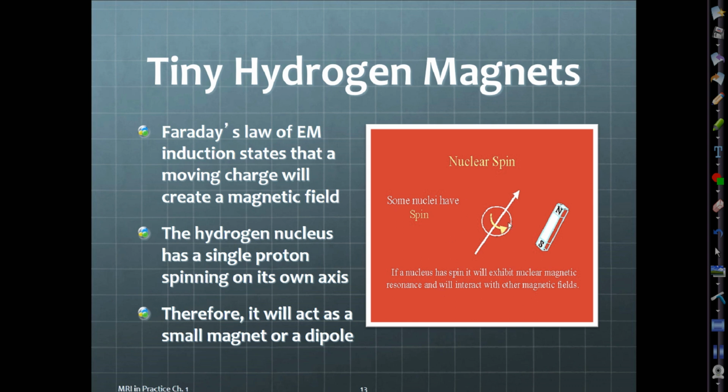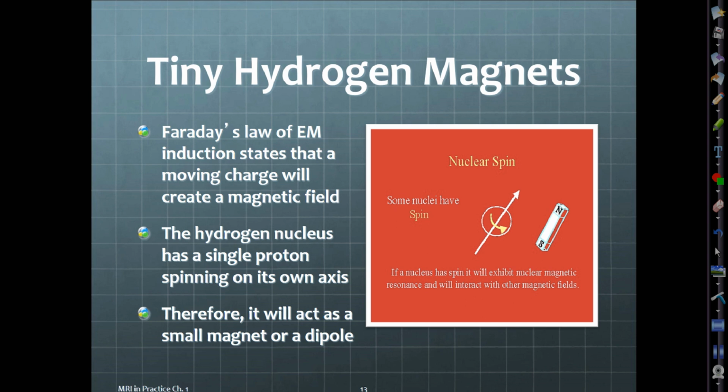So we're creating these little tiny bar magnets or small magnetic moments, which also can be described as a magnetic dipole. You'll see a lot of these things used interchangeably: magnetic moment, magnetic dipole, vector, quantity. A lot of times these are just interchangeable things. So try not to get confused by the terminology that they use in the book, because you really can use these interchangeably.